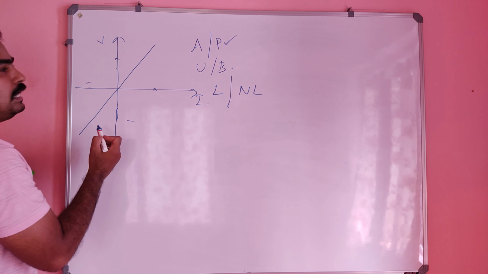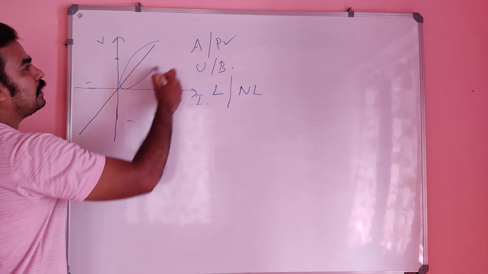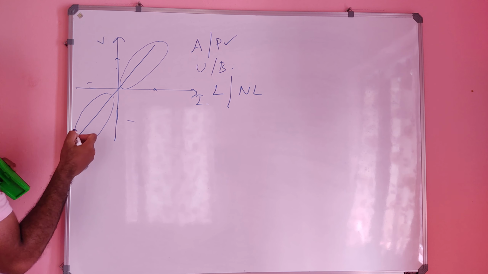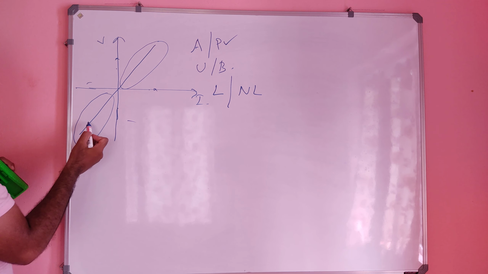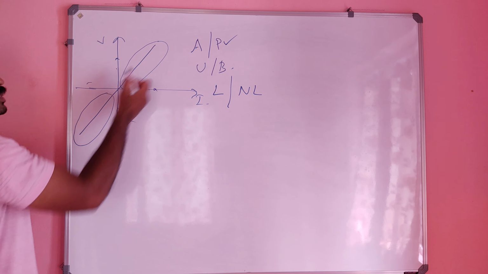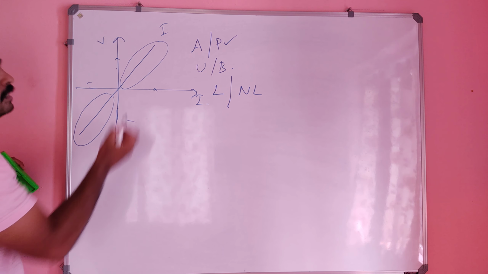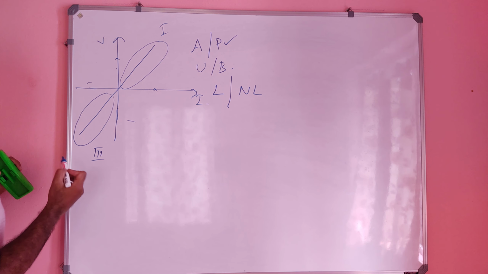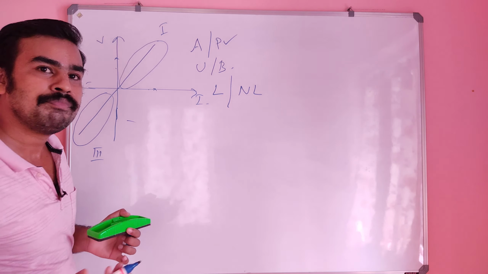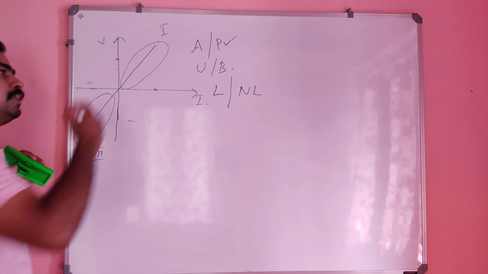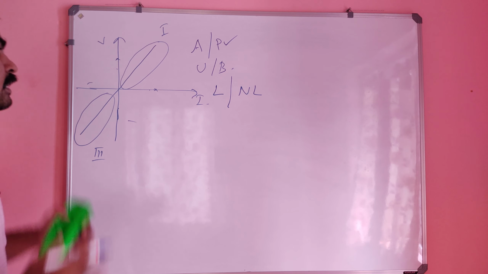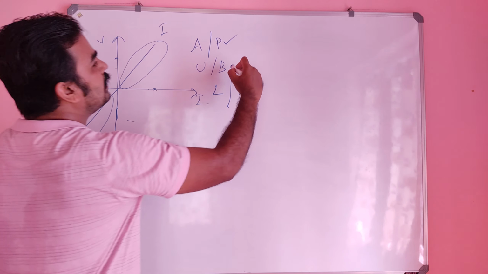Here we can see this portion is a duplicate of this portion. In the opposite quadrant, this is the first quadrant, this is the second, and this is the third quadrant. So in 1 and 3, the graphs look similar. That means in the opposite quadrant, if the graphs look similar in the same manner, then we can say it is bilateral.